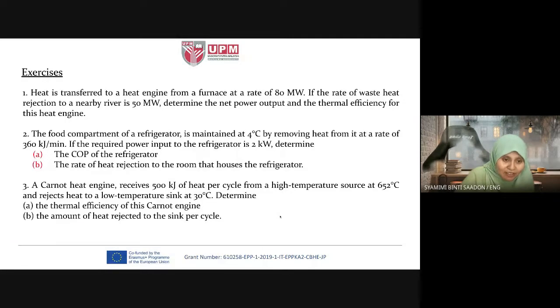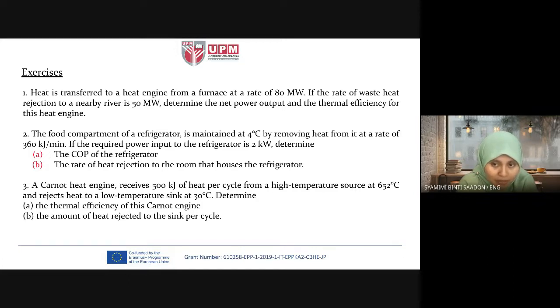It's nearly 11:30. I think we can do one or two simple example exercises to evaluate our understanding of this chapter. First one: heat is transferred to a heat engine from a furnace, like a burner, at a rate of 80 megawatt.